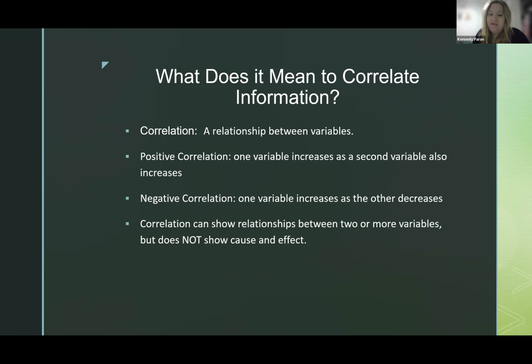So a negative correlation would be one thing going up, the increasing of swim lessons, as the other goes down. Their drowning decreases, which is great. Correlation can show relationships between two or more variables, but does not show cause and effect. Correlation does not cause causation.